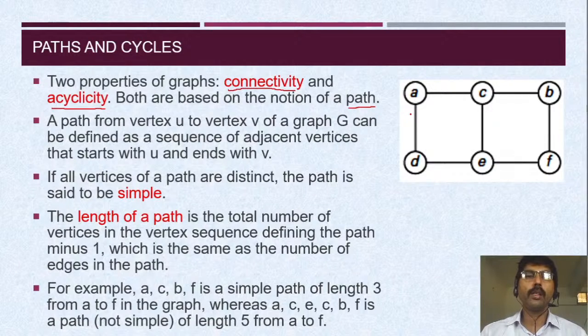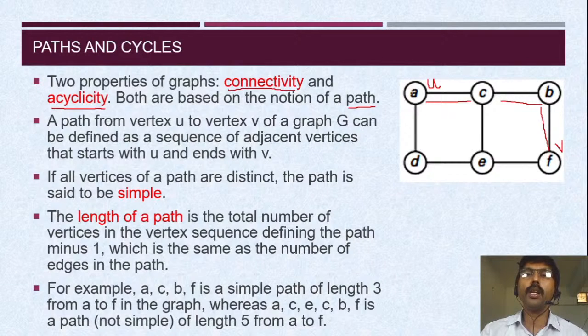Okay, what is actually a path? A path from vertex U, imagine this one is called U, and this one is called V, to vertex V of a graph G can be defined as a sequence of adjacent vertices that starts with U and ends with V. For example, if I consider this as one path, from U to V there are a number of adjacent vertices.